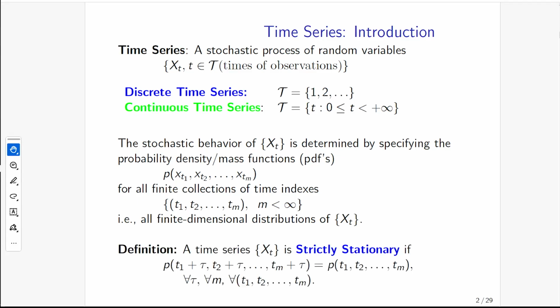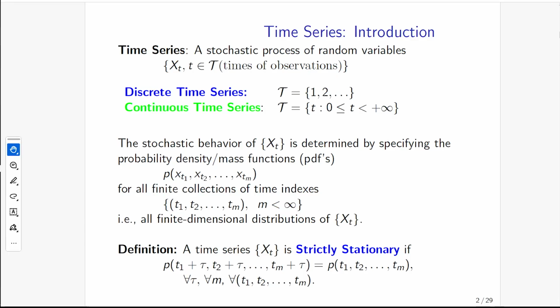Now, importantly, we'll want to consider time series that are strictly stationary. A strictly stationary time series is one for which the distribution of any set of time points is equal to the distribution of the same time points shifted by a constant.